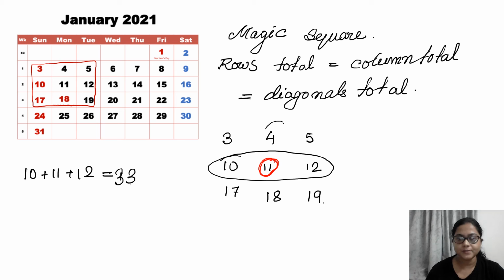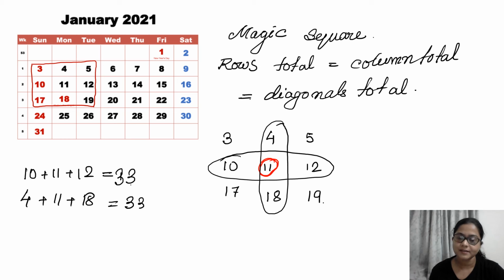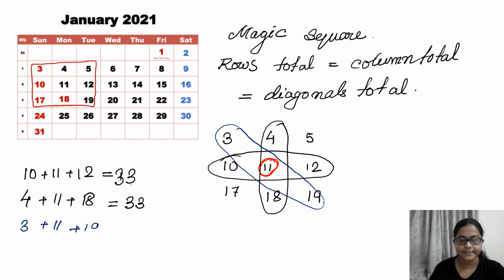The column total including the center, that is 4 plus 11 plus 18, is again 33. If we take this diagonal, 3, 11, 19, we get the same sum: 3 plus 11 plus 19 is again 33. This type of square is called a magic square.